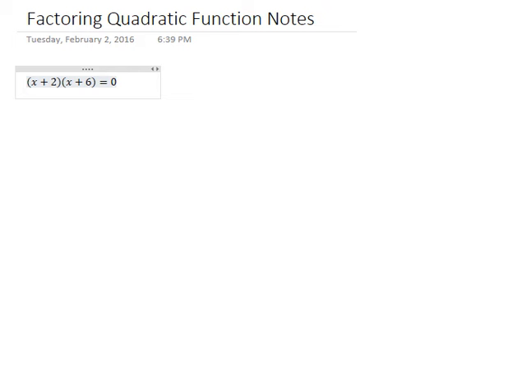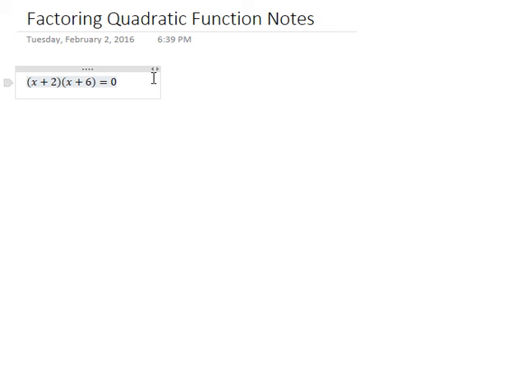This is a standard quadratic function written in factored form. The reason why we know that it's in factored form is because we have these two parentheses blocks. What that's telling us is that we have x plus 2 times x plus 6 equals 0.